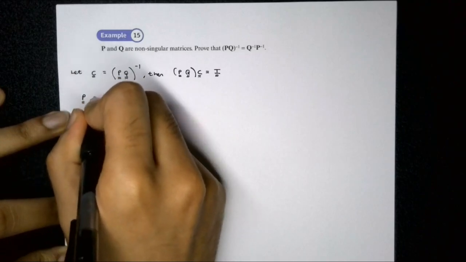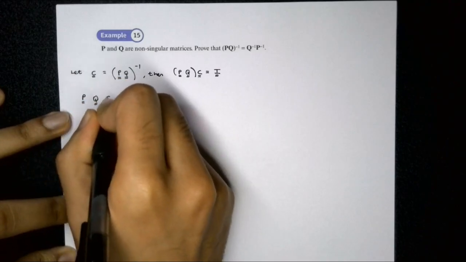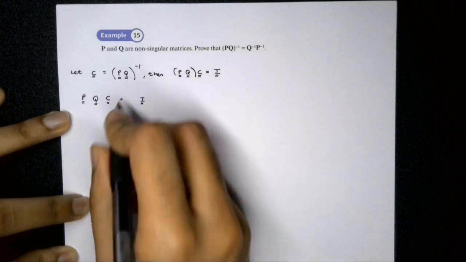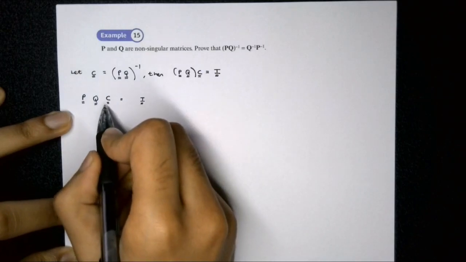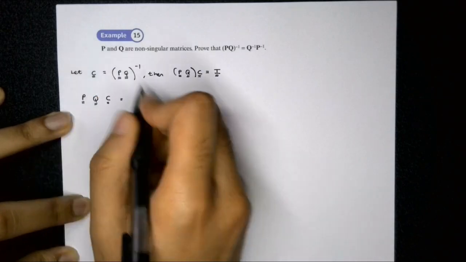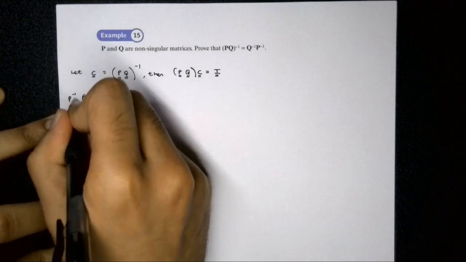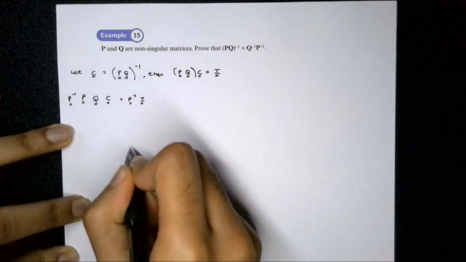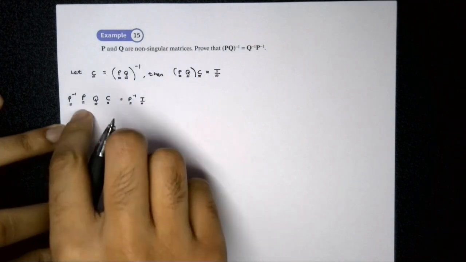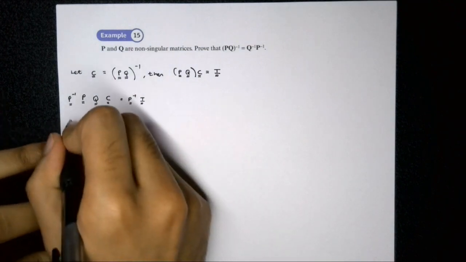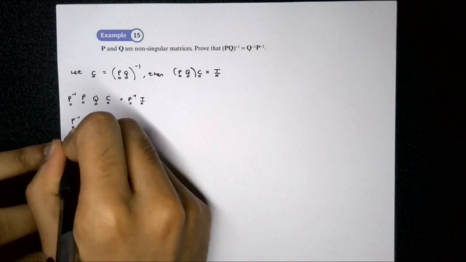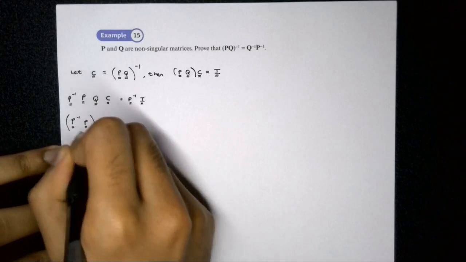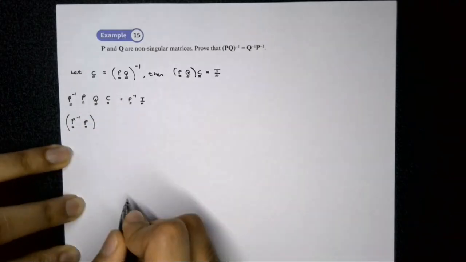P multiplied by Q multiplied by C equals I, to get C by itself, we can first of all multiply both the left hand side and the right hand side by the inverse of P. Now why would we want to do that? Well, if we take a look at the inverse of P multiplied by P, this result is the same as the identity matrix.